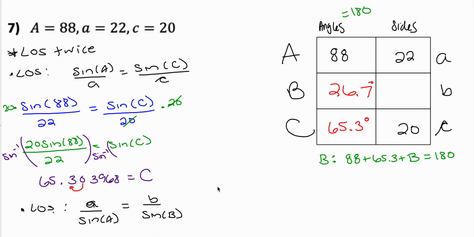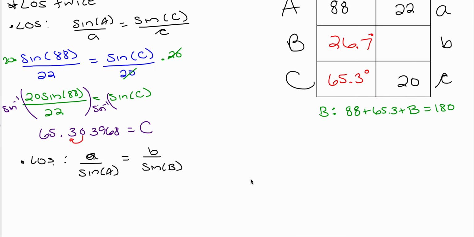So little a is 22 divided by sine of big A, which was 88, is equal to little b, which is unknown, divided by sine of big B, which was 26.7 degrees. So I'm solving for b, so I need to get everything away from b, which is the division of the sine of 26.7. So the inverse of division is multiplication.